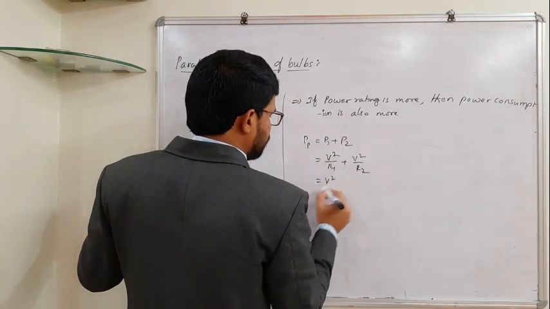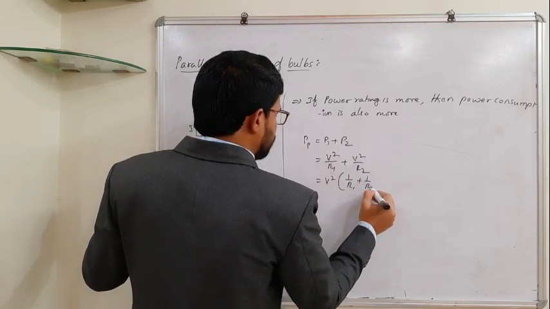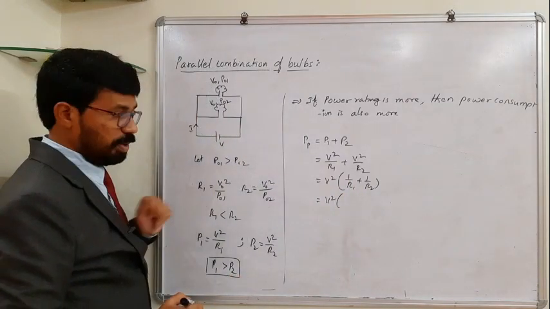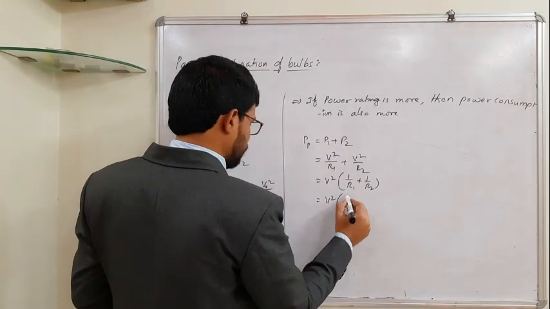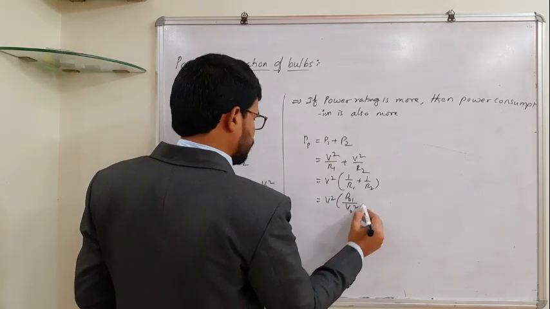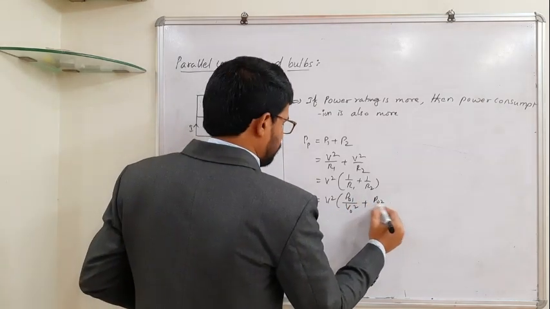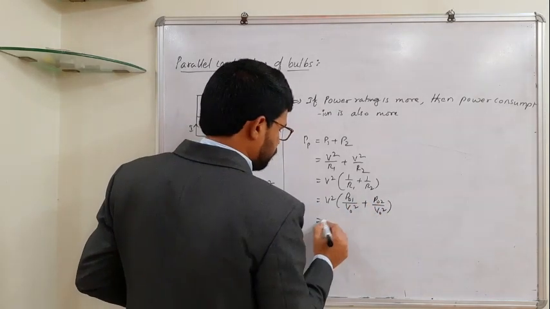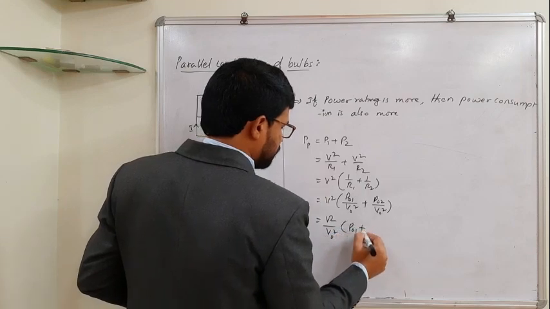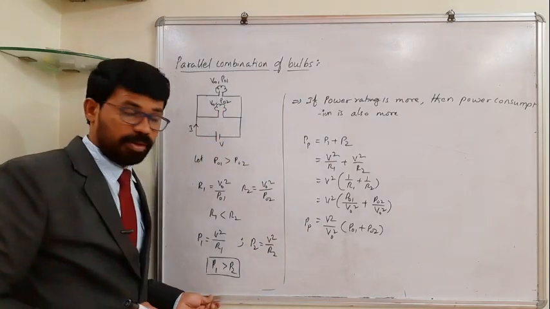You can take out V square common, 1 by R1 plus 1 by R2. What is R1? R1 is V0 square by P01. So if you take the inverse of that, you will have P01 by V0 square plus 1 by R2, inverse of this one, P02 by V0 square. So finally, our conclusion is going to be P01 plus P02. So this is power consumption in the parallel combination.